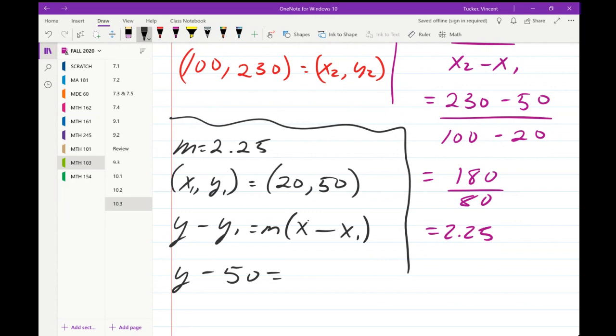So y minus 50 equals 2.25 times x minus 20.